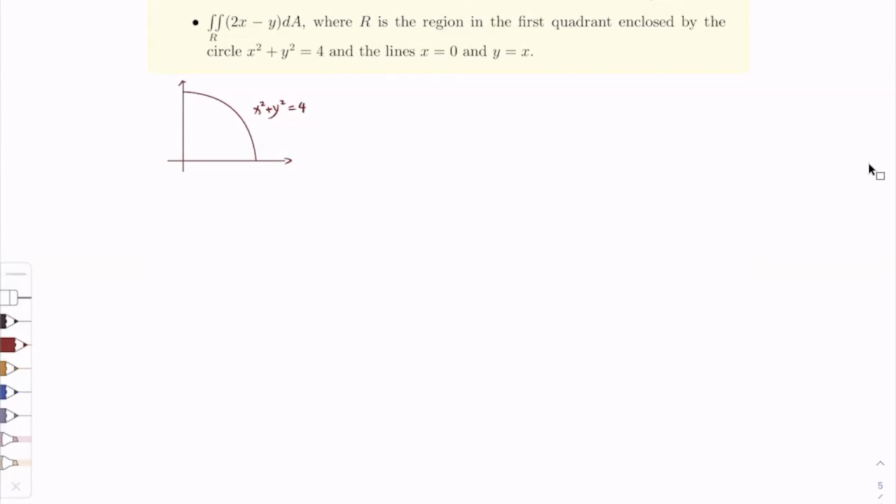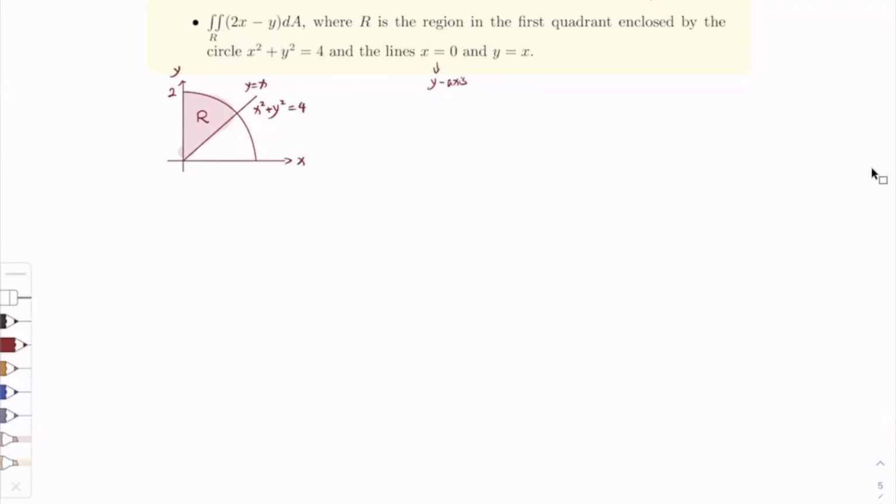And then this is the line y equals x, enclosed by this and the y-axis, because x equals 0 is the y-axis. So the region we're looking for is this part. The pink region is the one we need to calculate. So this is R, and this is 2. Yeah, it looks like a pizza slice.